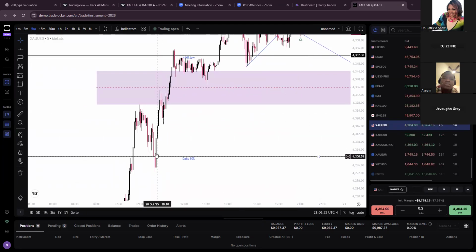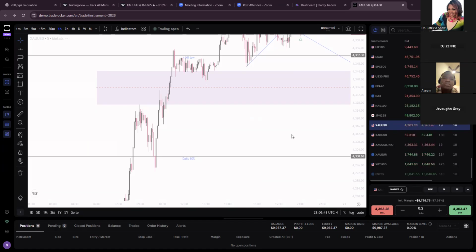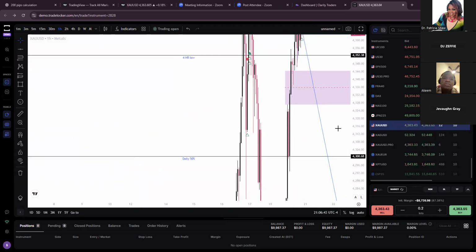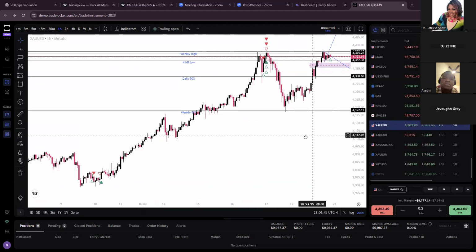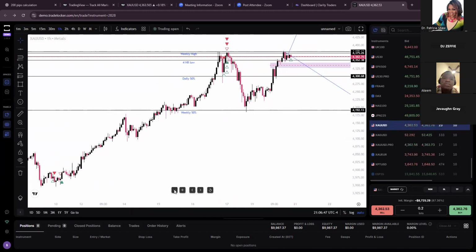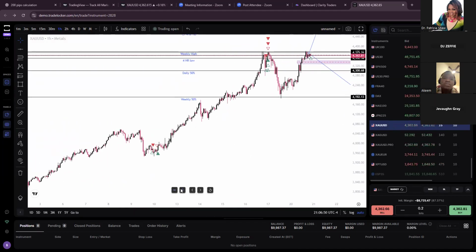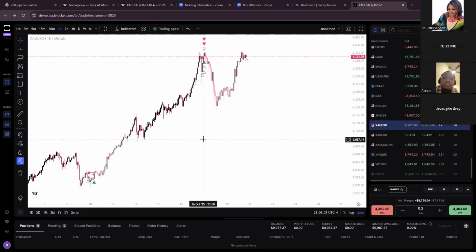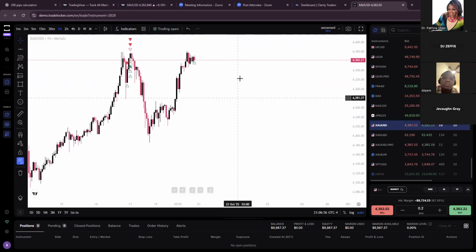We have a gap down here by the daily 50% that it could come to. So if we do this here, you see how equal these wicks are over here?